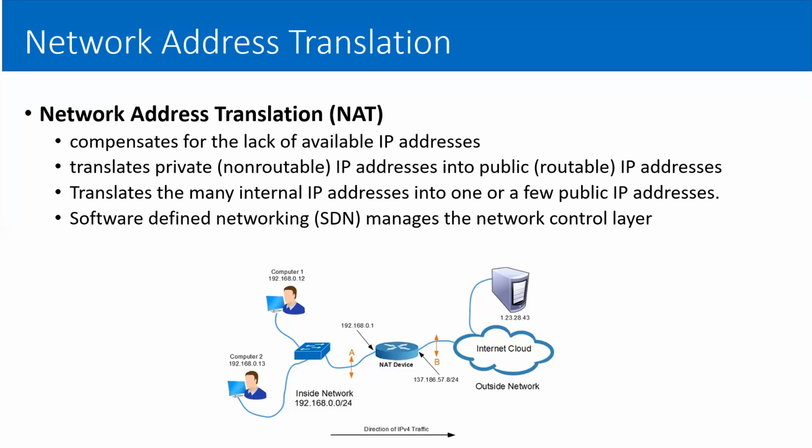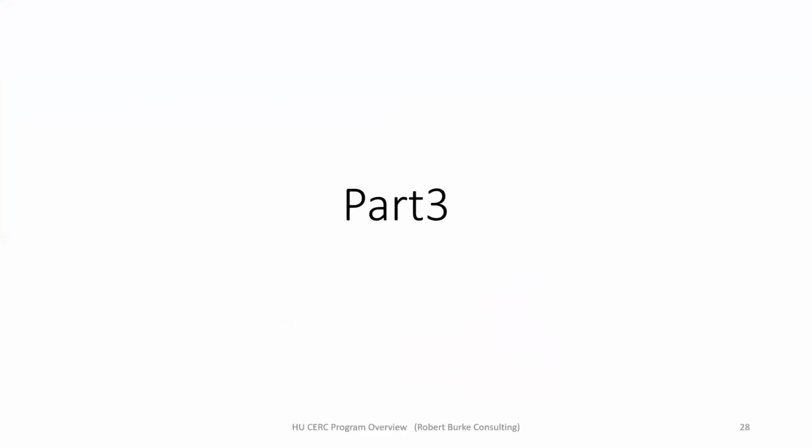So just know it's a translation tool from private to public and public back to private, and it's one-to-many, meaning you could have many private IPs using the same public IP via network address translation. And that's it for part 3.